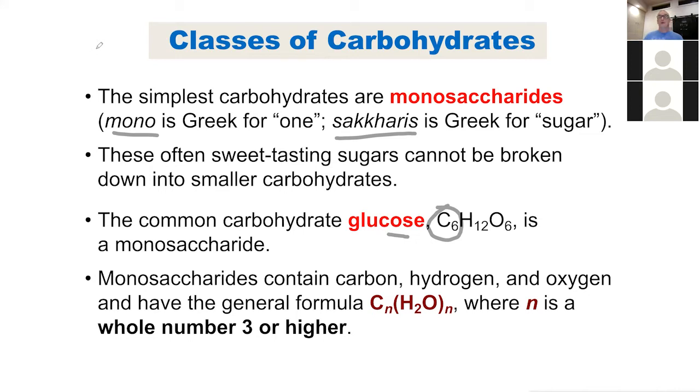A lot of them do, but they have to have carbon, hydrogen, and oxygen with this general formula. For every carbon, there's a water molecule. Now, it's not actually a water molecule, but it's the same number of hydrogens and oxygens as a water molecule. And n has to be 3 or higher, so you have to have at least 3 carbons.